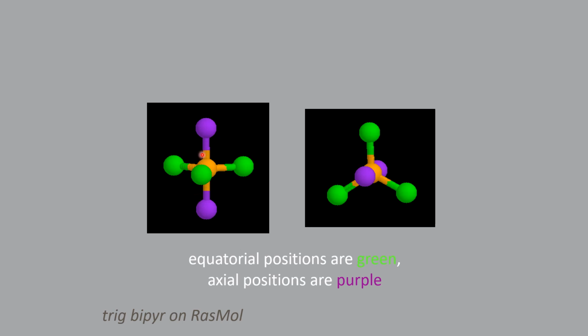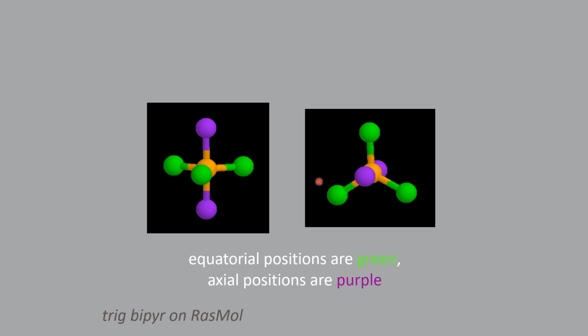What do you see? You see the 2 axial bonds at 90 degrees and the other 2 equatorial bonds at 120 degrees. If you look down one of the axial bonds, you see the 3 equatorial positions at 90 degrees and the other axial position at 180 degrees.